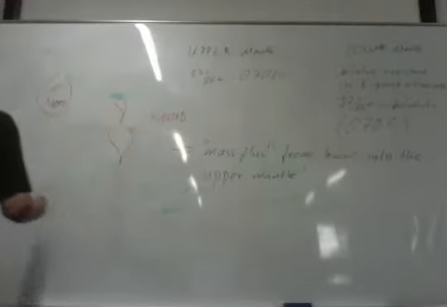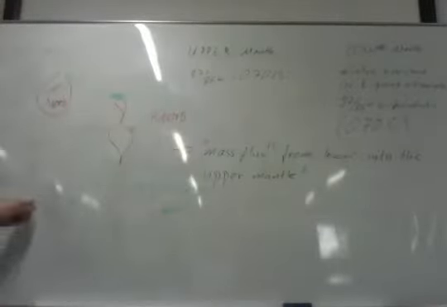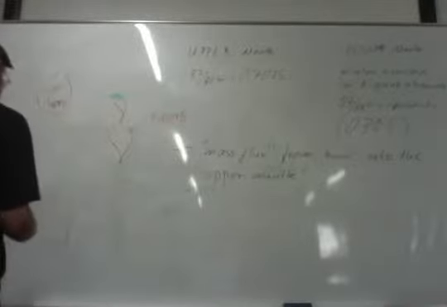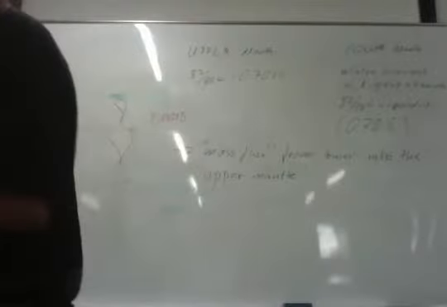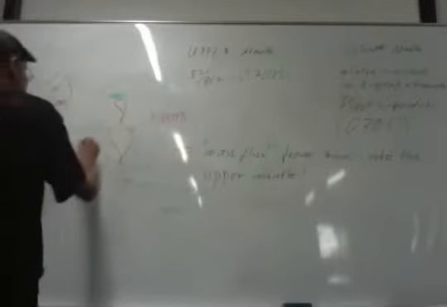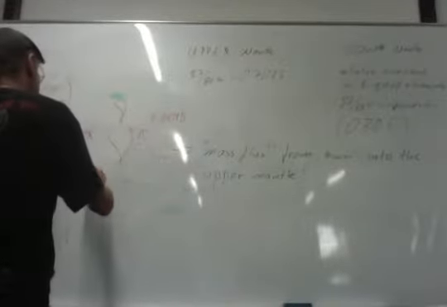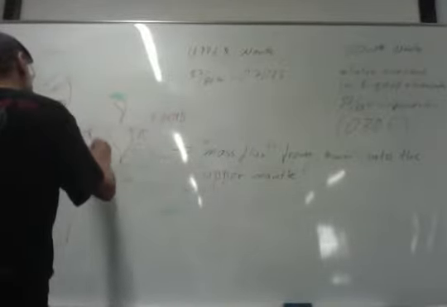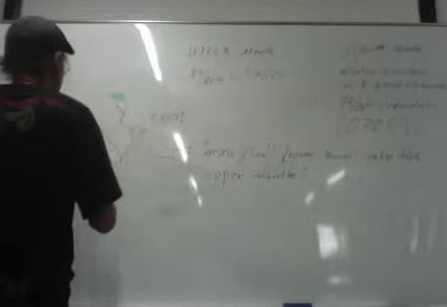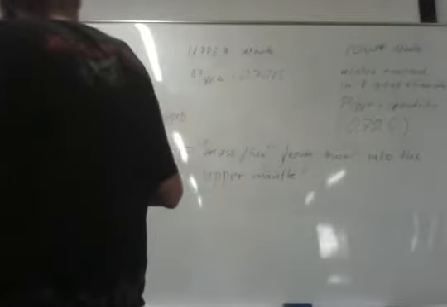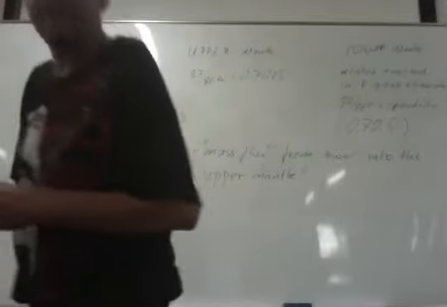That means we have maybe convection here, and another convection, and here another convection, and here we have a mass flux from the lower mantle into the upper mantle.